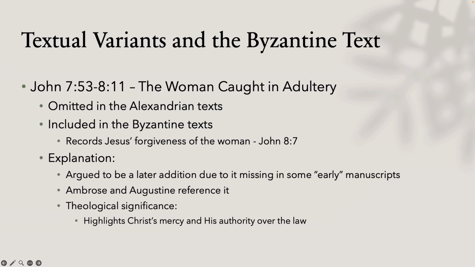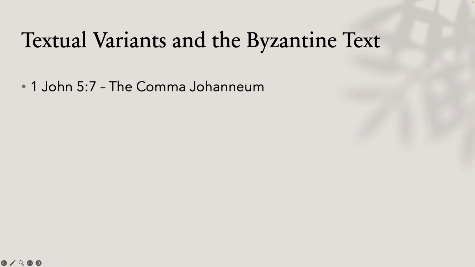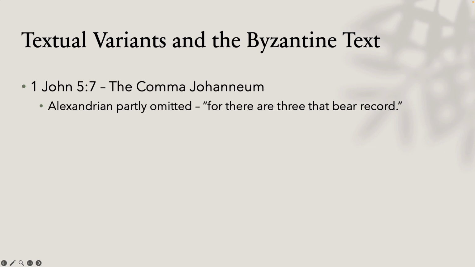Okay, so we got that one. The next one is 1 John 5:7, which is known as the Comma Johanneum. The Alexandrian texts partly omit this verse. They have the first part of it, which says, "For there are three that bear record," and then that's it, and it goes on to the next verse.